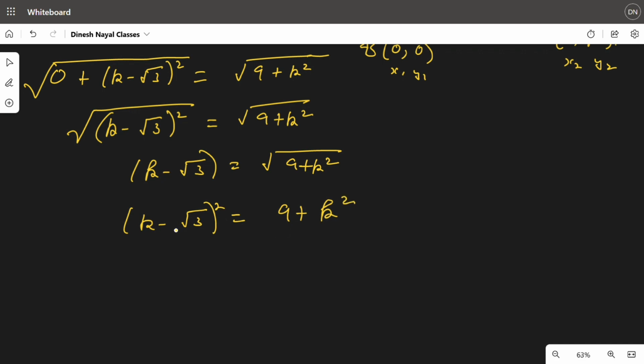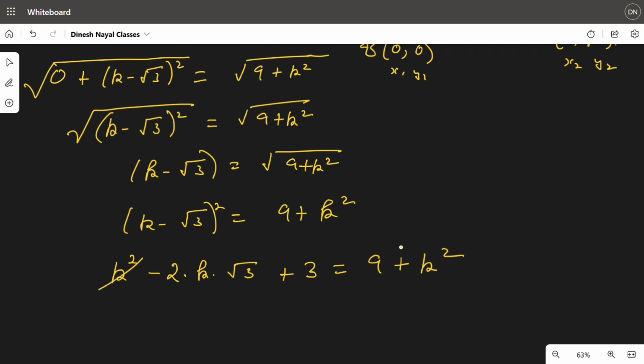Now expanding this using the identity a minus b whole square, this will be k square minus 2 into k into root 3, plus root 3 square. Again root 3 and square will cancel out, so this will be 3 equals 9 plus k square.